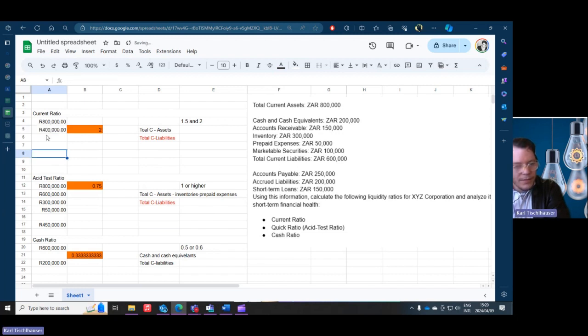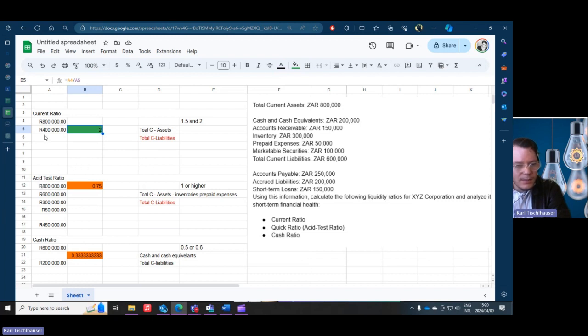There we go. Now you can see that when we have fewer liabilities, we get a result of 2, and that's perfect. That's exactly what we need. Just by decreasing what they owe in debt to 400,000, we put the organization in a better financial health position.